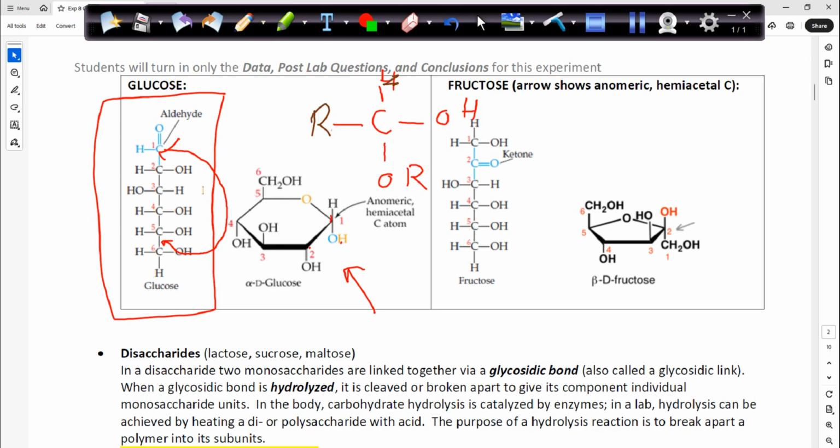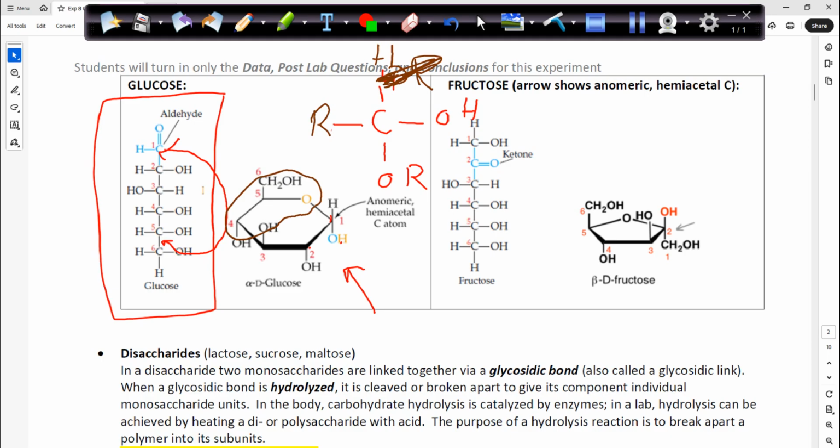Now if I replace this one here with OR, then it will be a complete acetal. That's a hemiacetal, with just an H here, correct? This is a semi, not a complete acetal, because you don't have two ORs. You have only one OR, the oxygen and then the rest.